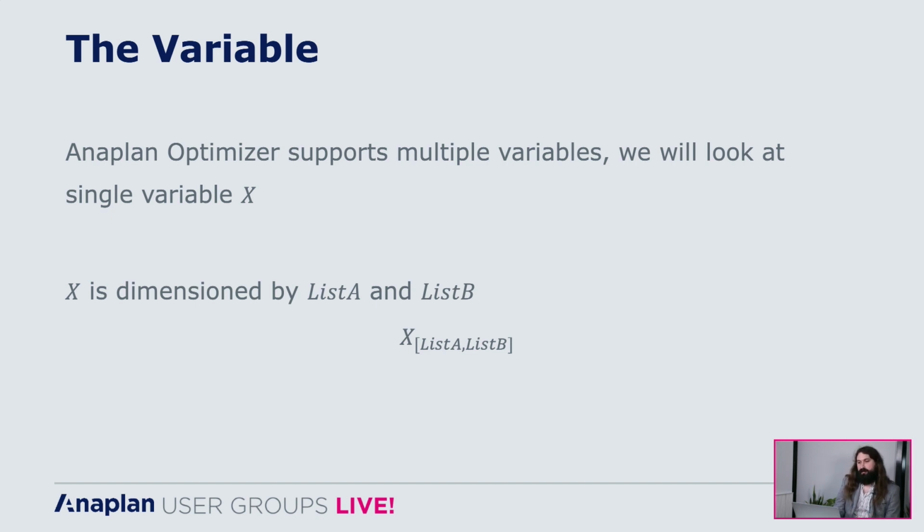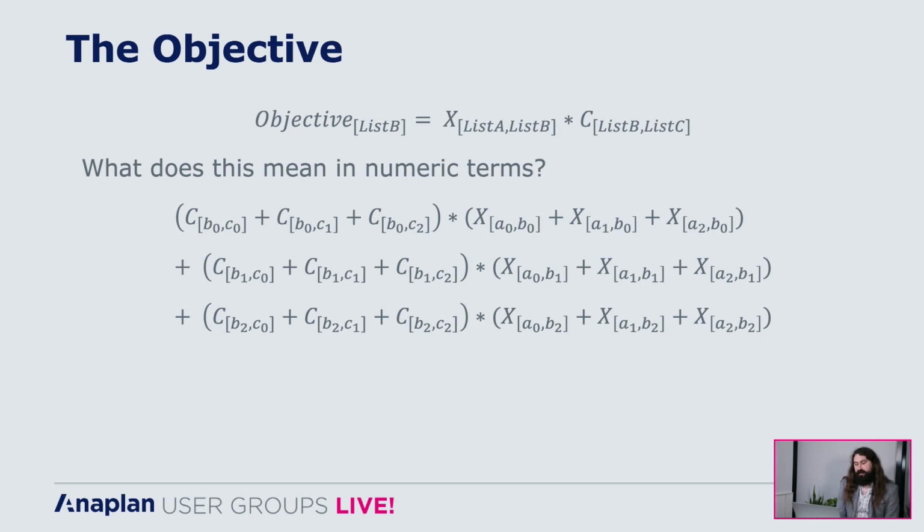And so the objective is the goal of the optimization. So the objective doesn't have a right-hand side, it only has a left-hand side. And in Anaplan, this is represented as a numeric line item that has a formula that is of the form coefficient times variable, potentially multiple times, multiple coefficients and multiple variables.